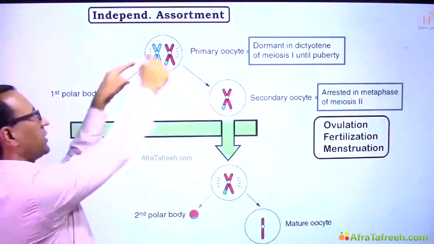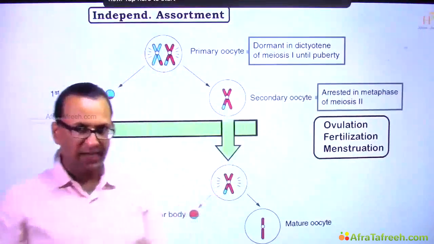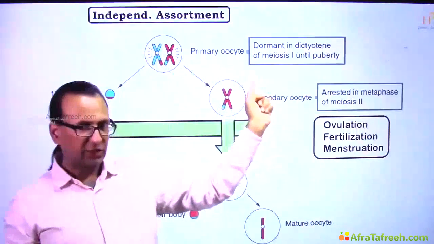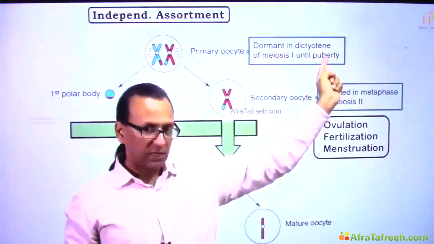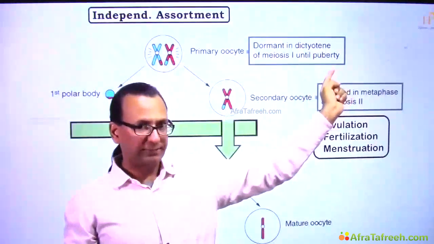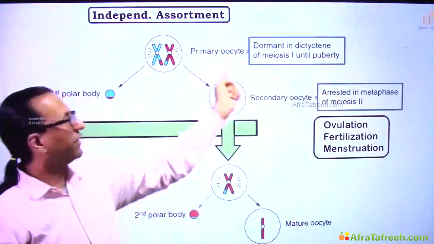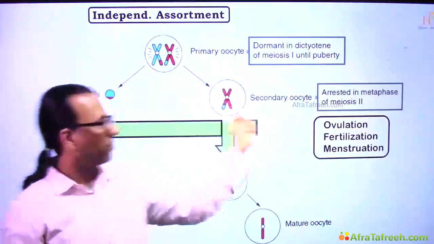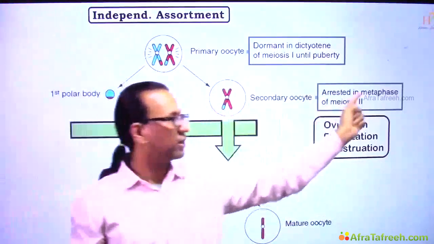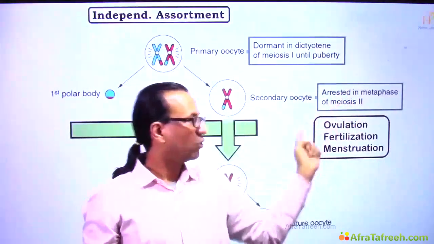Now independent assortment which occurs during meiosis 1 separating maternal paternal chromosome in equal proportions, primary oocyte was actually arrested in prophase 1 diplotene stage until puberty, because only after puberty there will be LH surge, and after LH surge you will have what is called as secondary oocyte, and the secondary oocyte will be then arrested in metaphase 2 of meiosis 2, and then it will be undergoing ovulation.